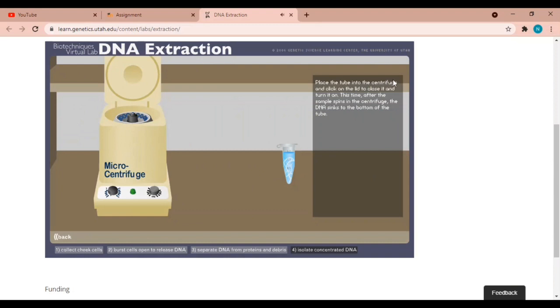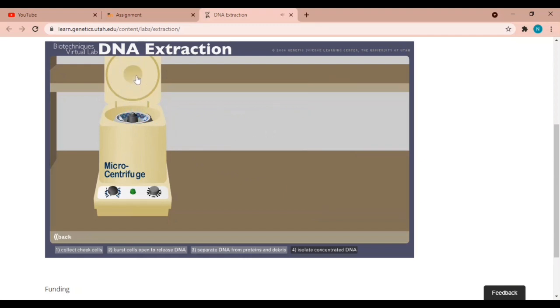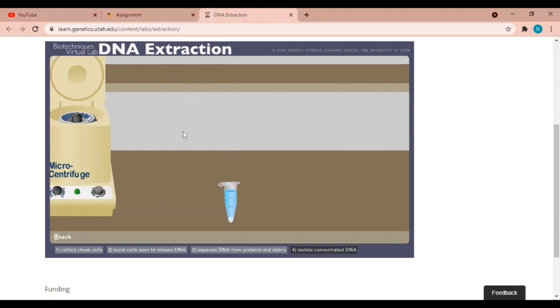Place the tube into the centrifuge, click on the lid to close it and turn it on. This time after the sample spins in the centrifuge, the DNA sinks to the bottom of the tube. Now it's done.